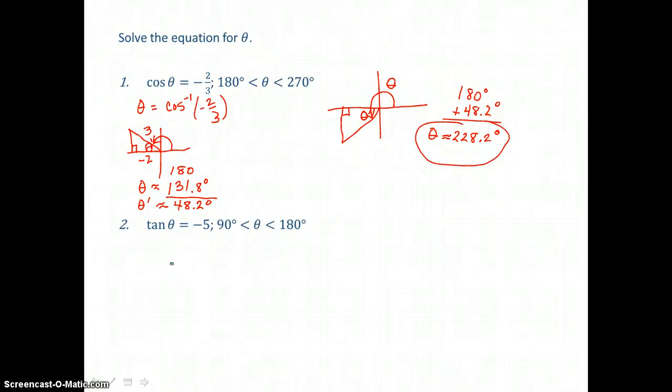Okay, let's try that again with the tangent function. Tangent of theta is equal to -5, and we want the terminal side between 90 and 180 degrees, so the terminal side is going to be in the second quadrant. Here's the theta that we're looking for. We need to know again this reference angle, theta prime.